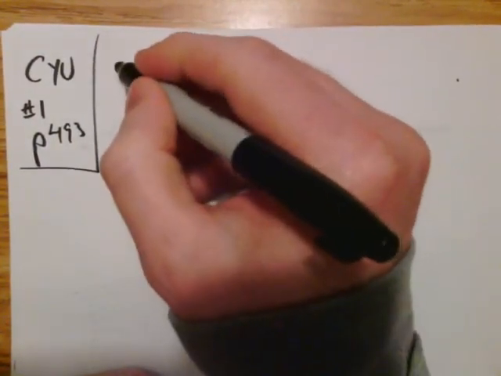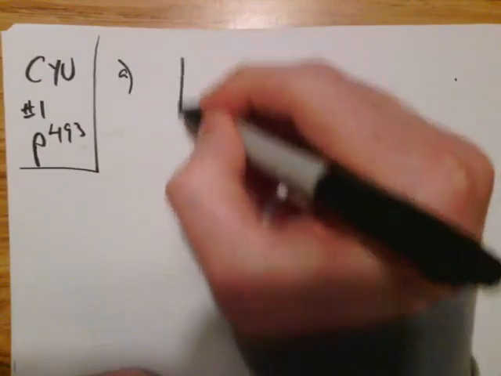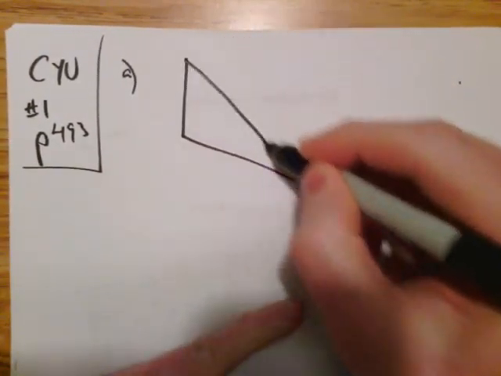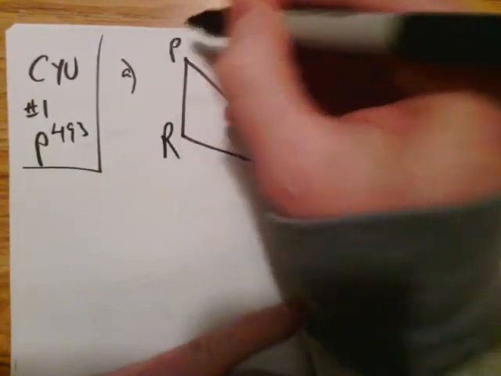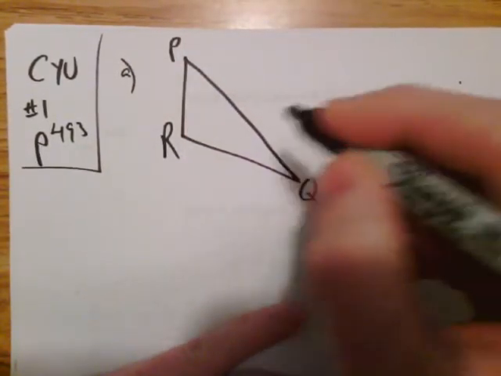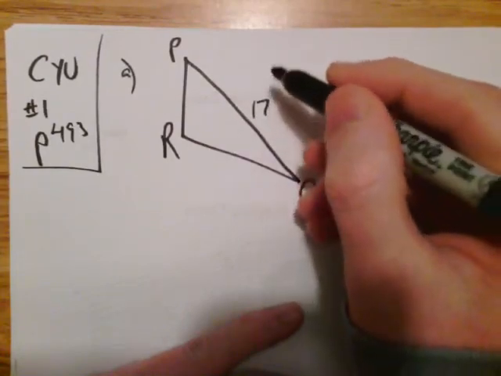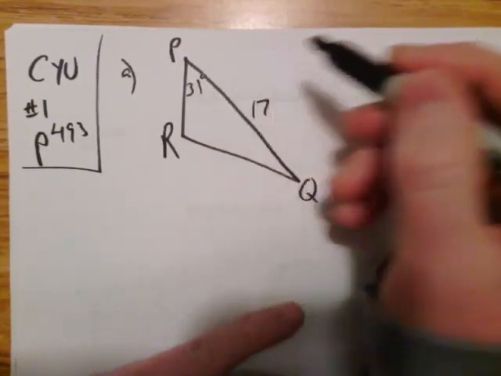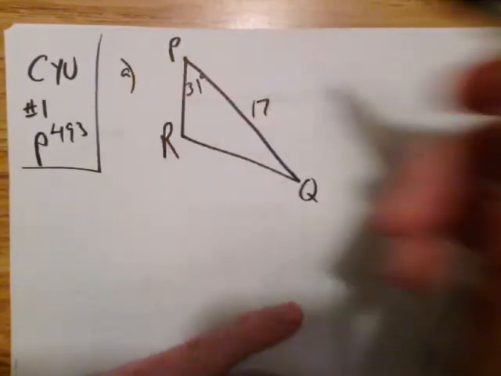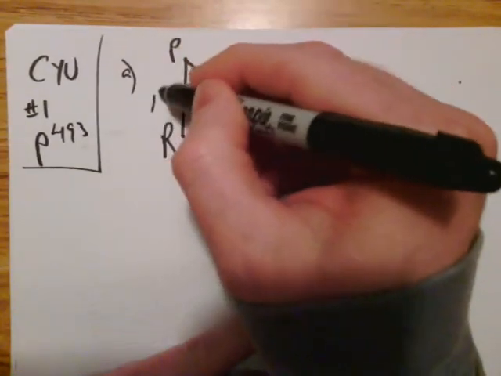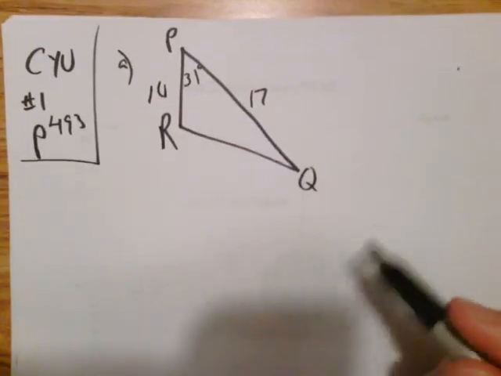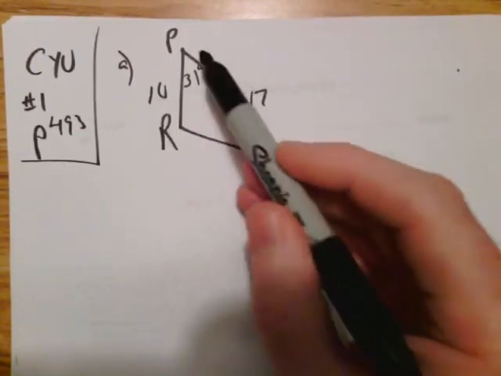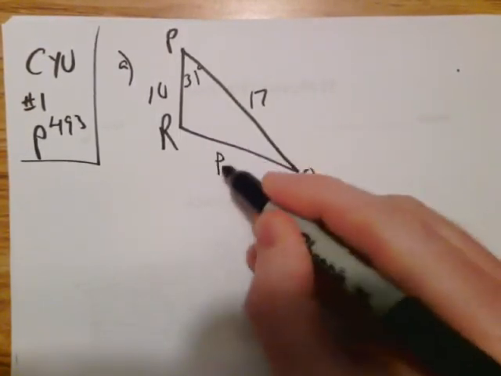I'll draw them out so we can see it as a reference. This is R, P, Q, little r is 17. Angle P is 31 degrees. This side is 10. So we have two sides and then the angle, and it wants us to get this side.